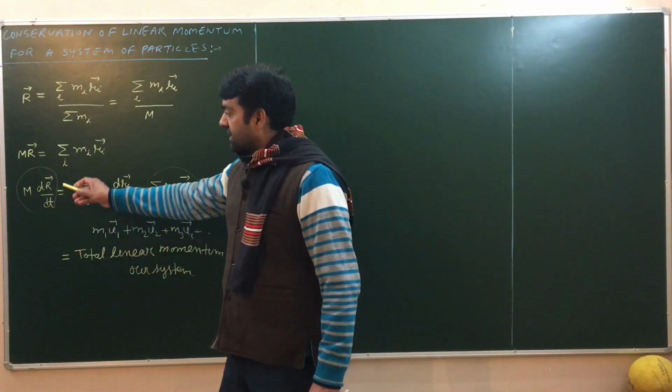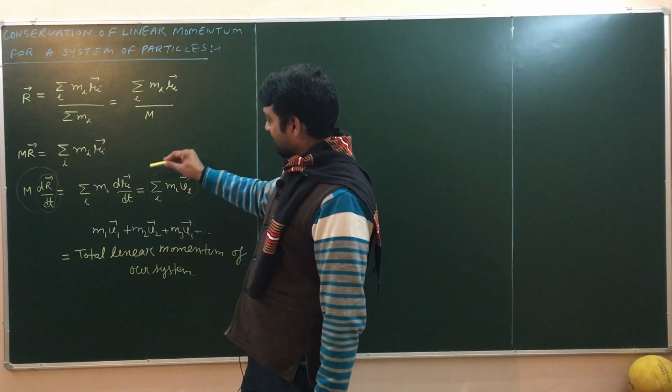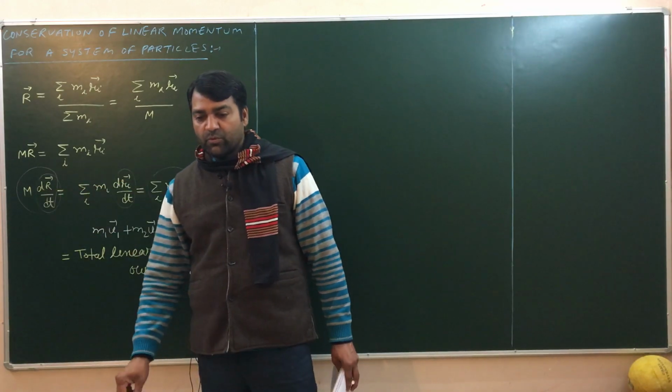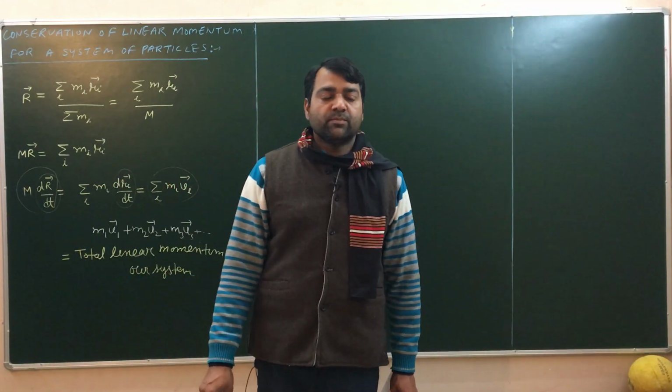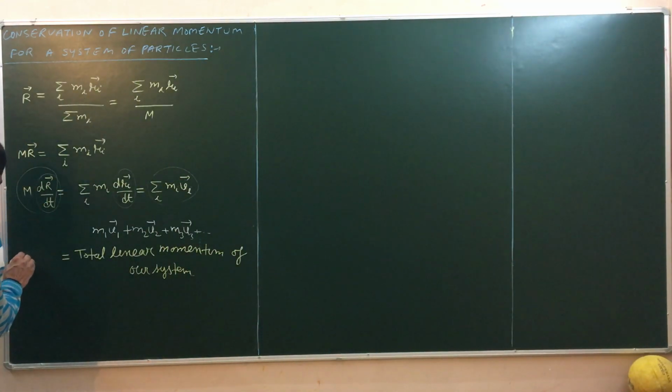So student, let's give it a name. In analogy with this expression, we can define it as the velocity of the center of mass. So student, M is the mass of the system and V vector is the velocity of the center of mass.